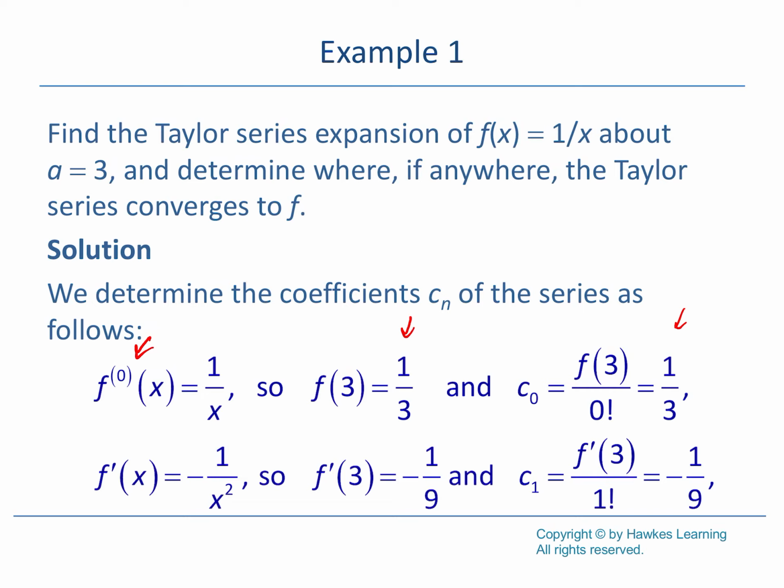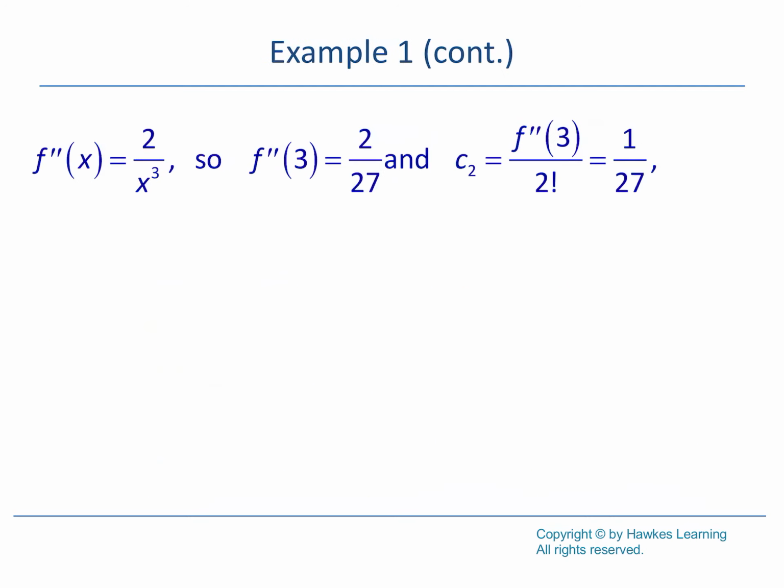The next one, we take the derivative of what we have. So we get that derivative. We plug in 3, and then we divide by 1 factorial, which is also 1, to get negative 1/9. Moving on.